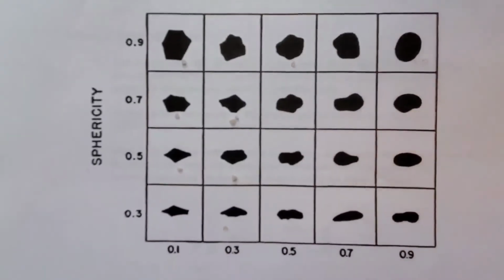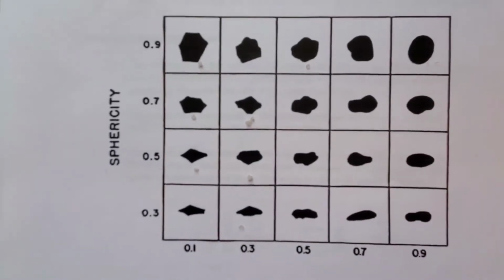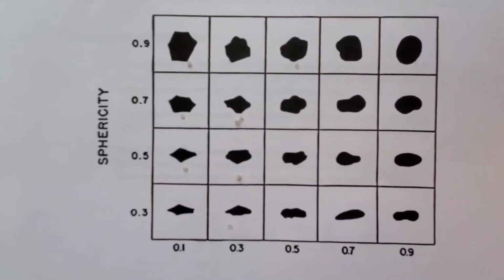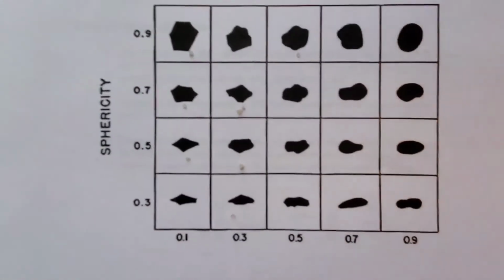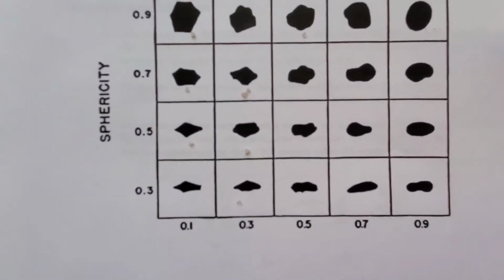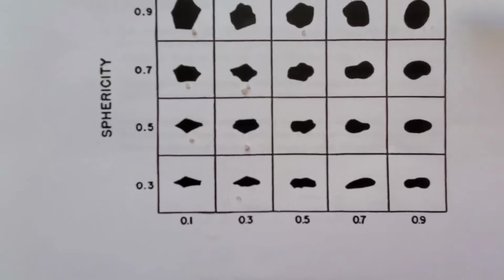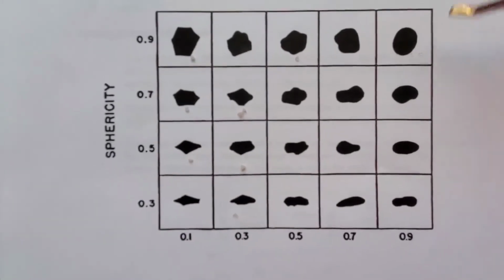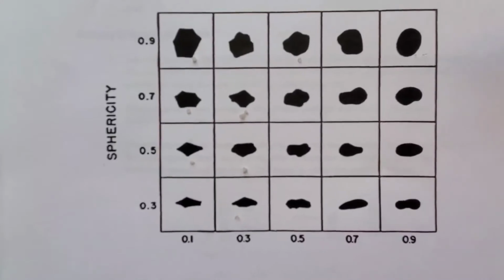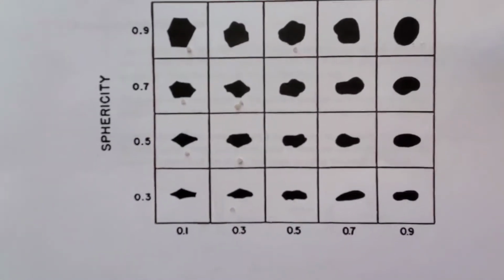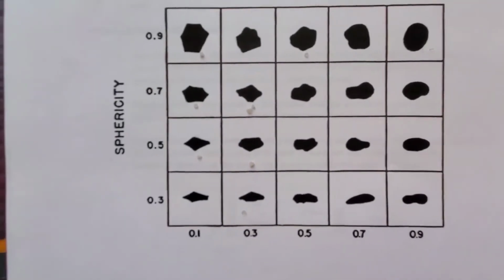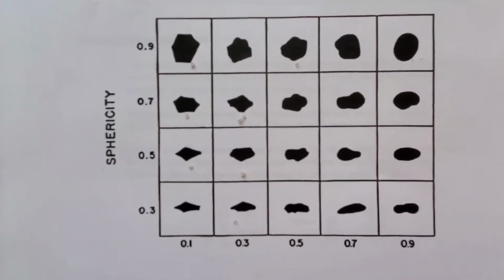We can see that natural sand has many differences in roundness and sphericity. And for the manufactured sand, most of them have really good roundness and really good sphericity, and most of them look like the same size, same shape.